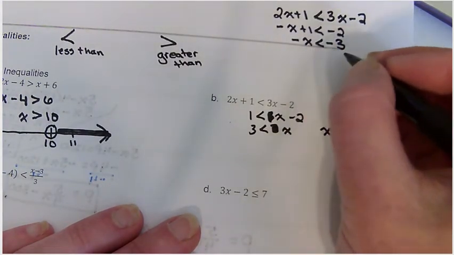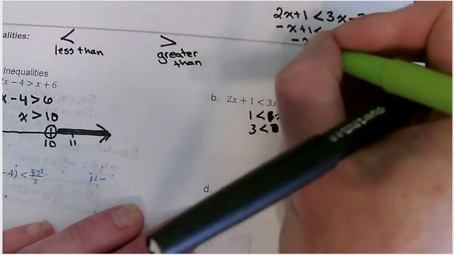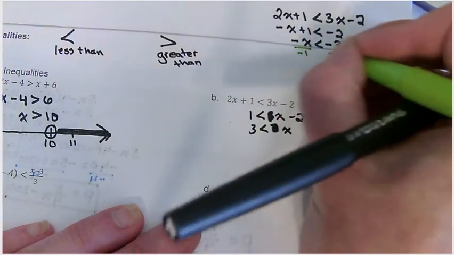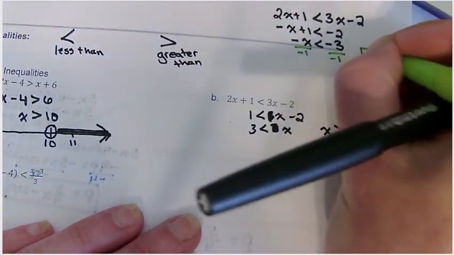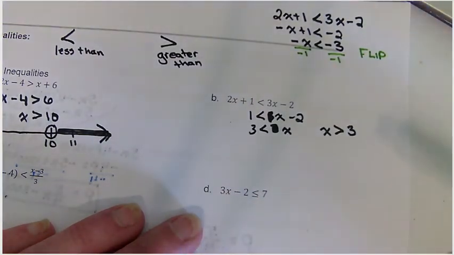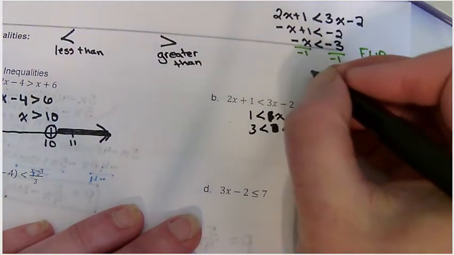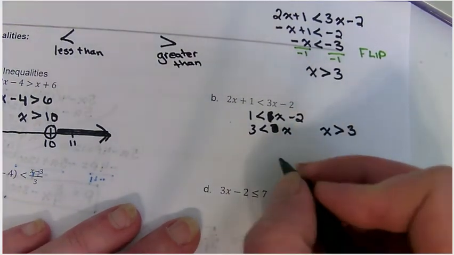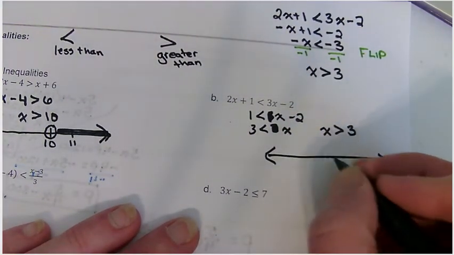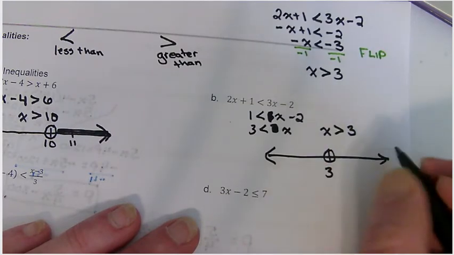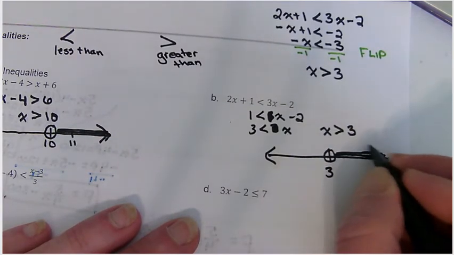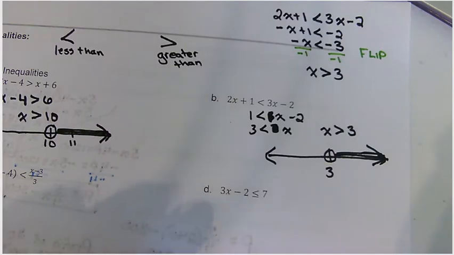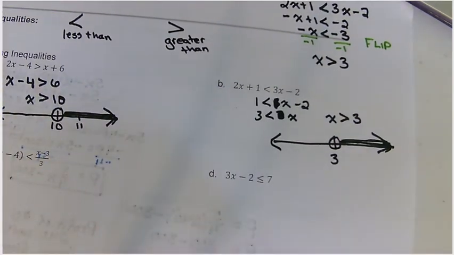When you divide by or multiply each side by a negative, your symbol flips. So you would end up with x is greater than 3, which is what we got here. And on the number line, that means we don't include 3, and we're going greater. Okay.